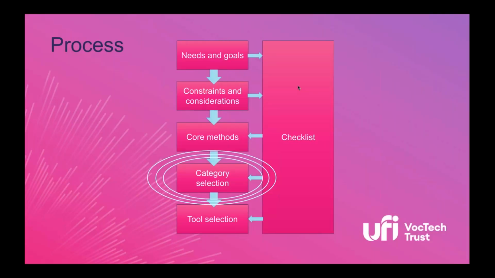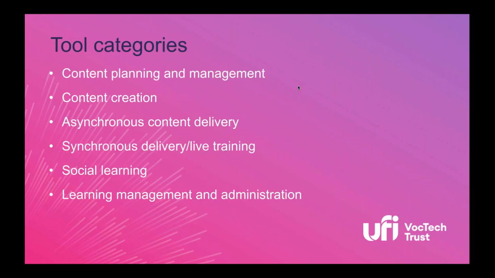Okay, so let's say you've got a fairly clear idea what your core learning and training methods are. You've now got to think about what category of tool you are going to be needing, or category of tools. It's unlikely that you'll only be needing one specific category, but it's possible. So note that these are just my categories.